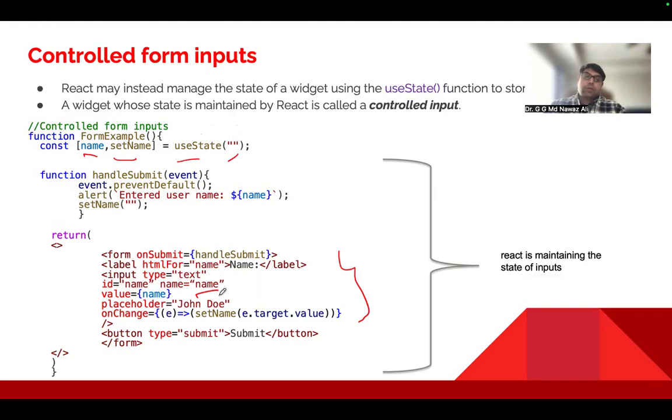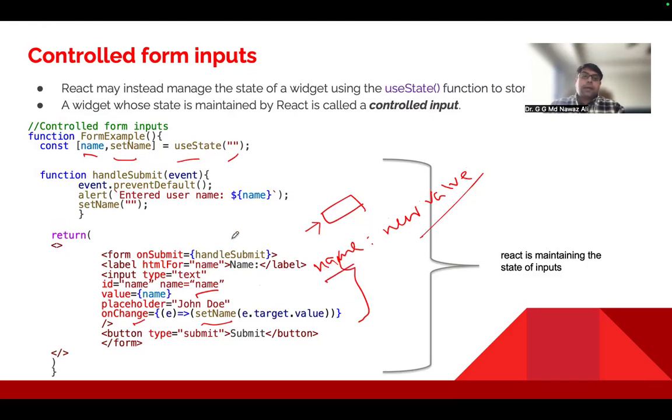Here you see that onChange, if anything happens to this name field, we call the setName function, and whatever the value of the name field is, we assign it to the name property. So the name property gets the new value, whatever the user has written, either writing something or deleting something. If any change happens, the name value will be updated.